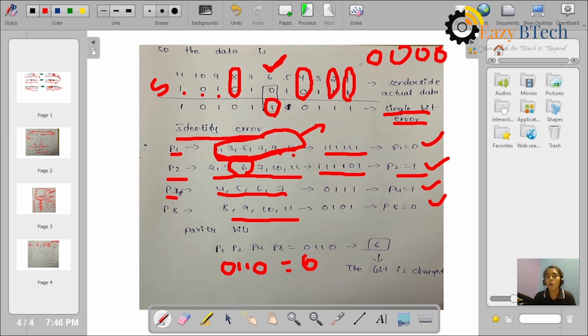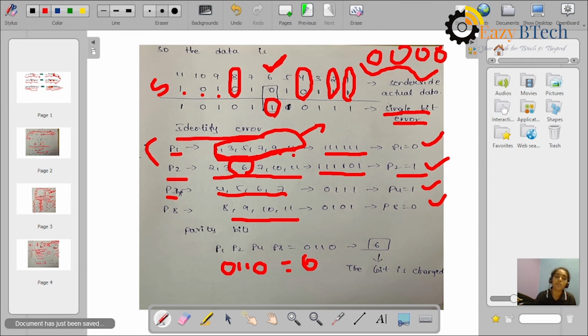If we get all zeros in the redundant bits, there is no error in the data frame, we can conclude that. Okay, the receiver will accept the data frame. A single bit error means one bit is changed in the data frame. So to identify the position of the error, the following process has to be done by a receiver.